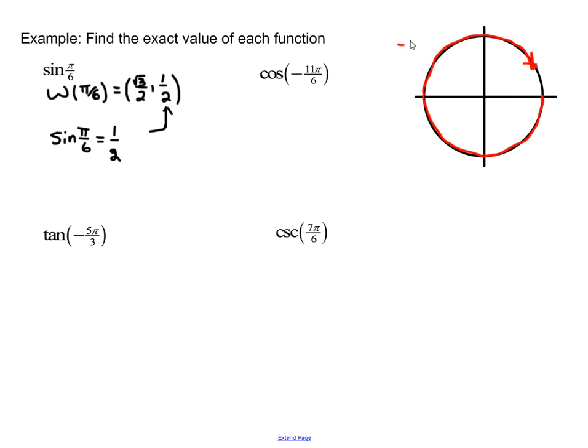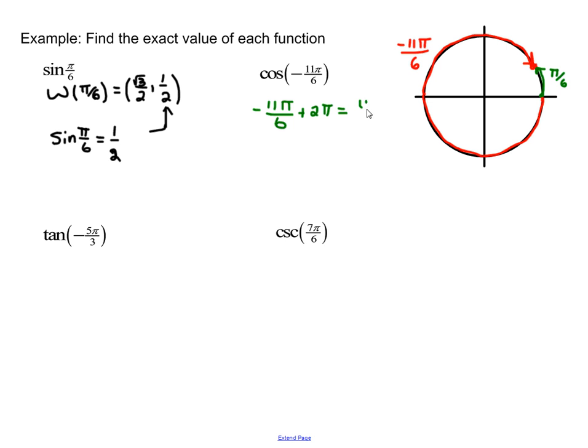Negative 11 pi over 6, that arc length is associated with an arc length in standard position of pi over 6. Why? Well, let's think about where 11 pi over 6 leaves off. If we were to take negative 11 pi over 6 and add to it the angle 2 pi, one full rotation, this is actually negative 11 pi over 6 plus 12 pi over 6.